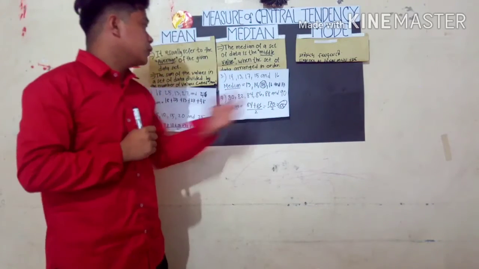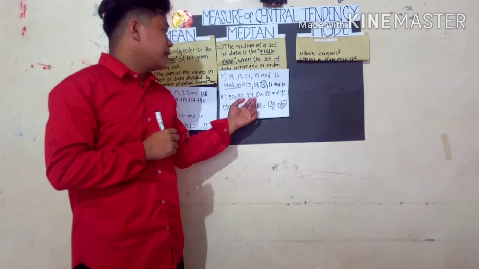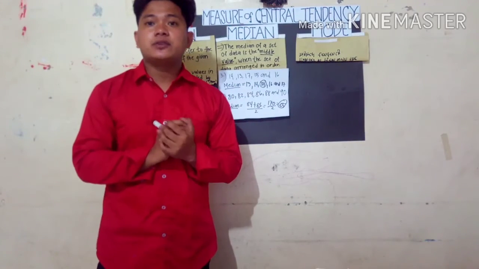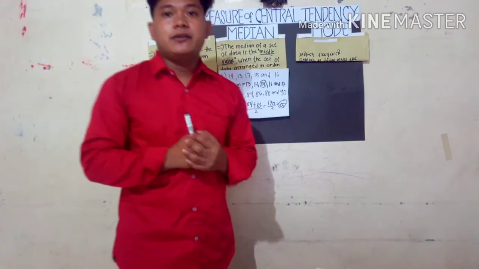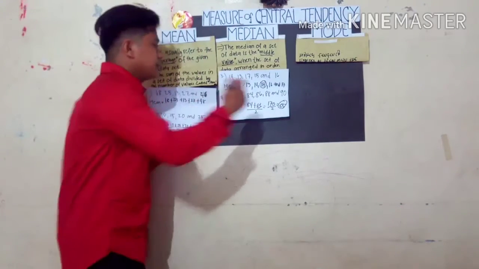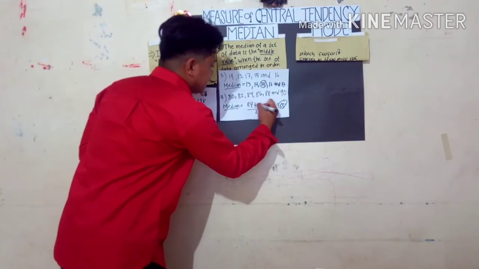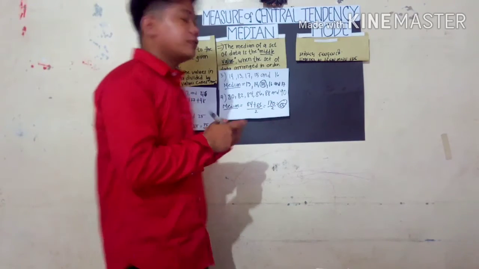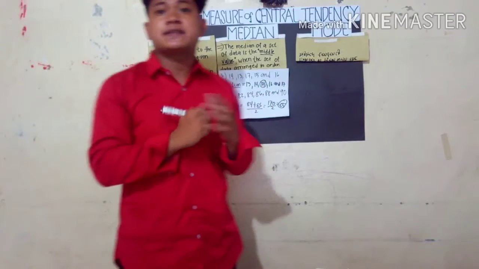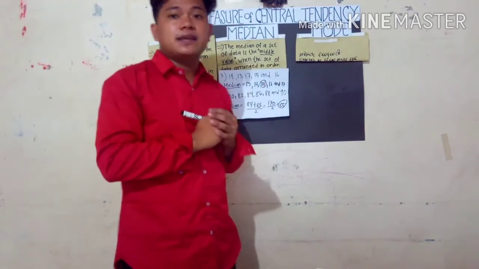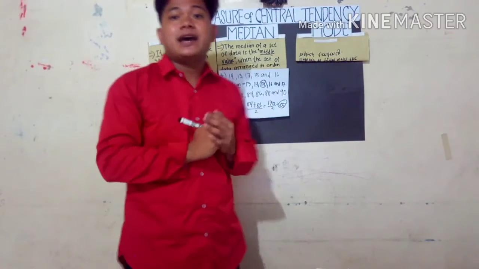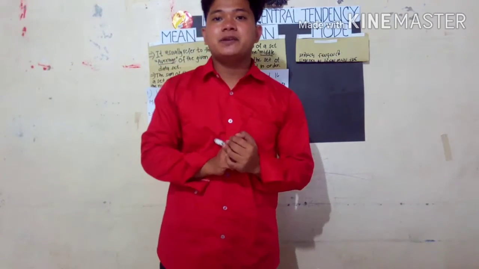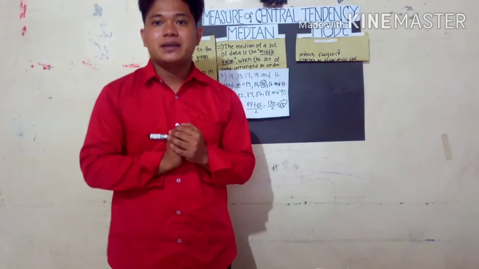Yes, we're going to add 84 and 86 and divide it by 2. So we have 84 plus 86, which is equal to 170. And 170 divided by 2 is 85. Therefore, our median is 85. Is that clear, class?